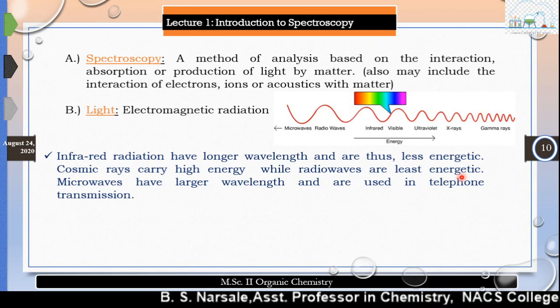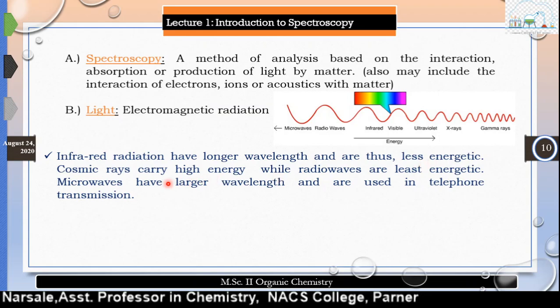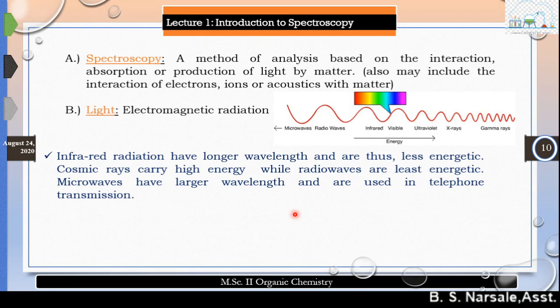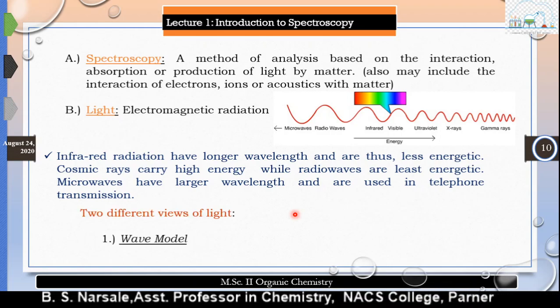According to this, microwaves have longer wavelengths and are mostly used in telephone transmissions. Whatever we talk over mobiles, these are radio waves, or we say microwaves.